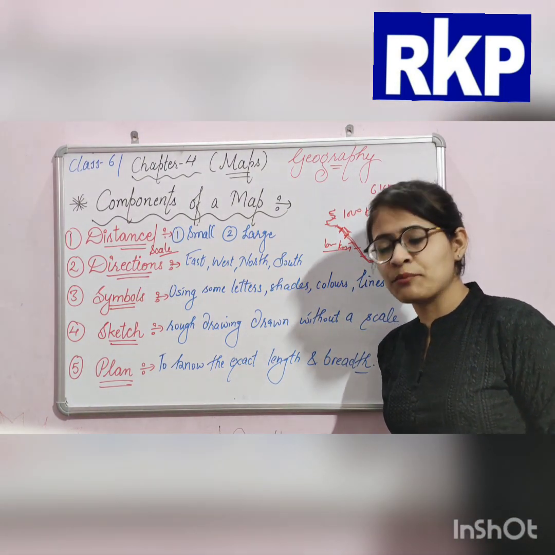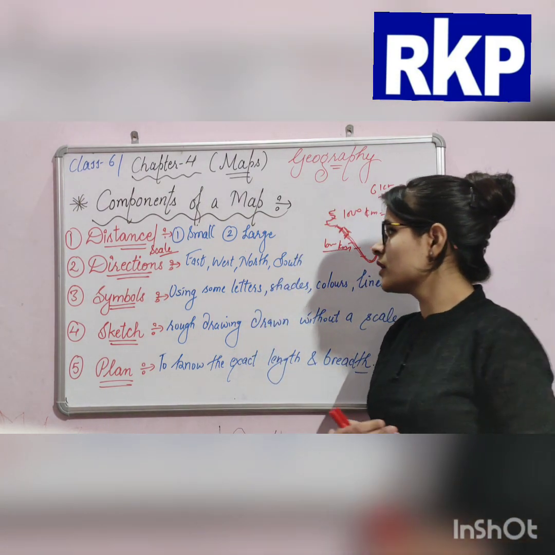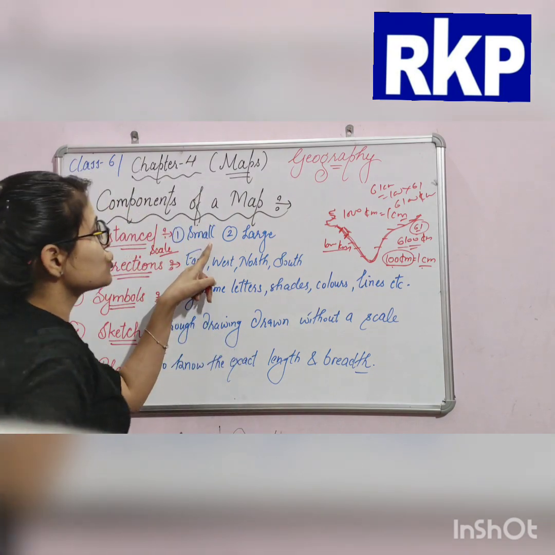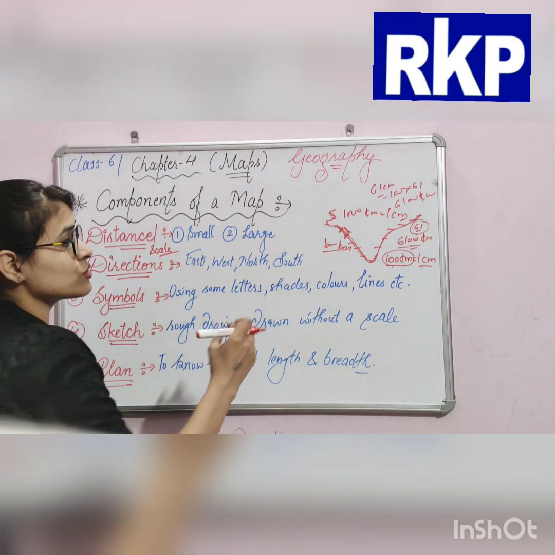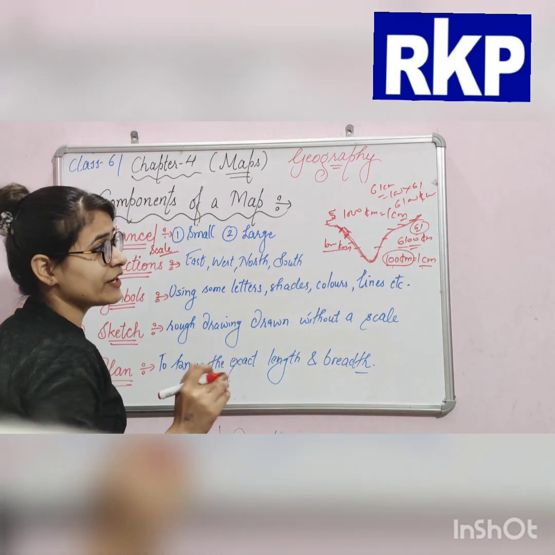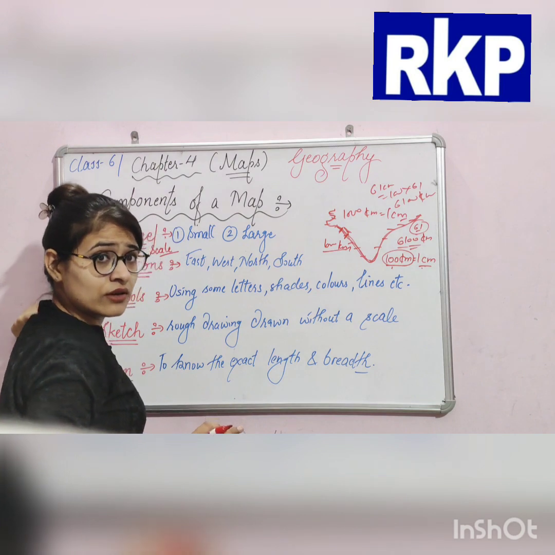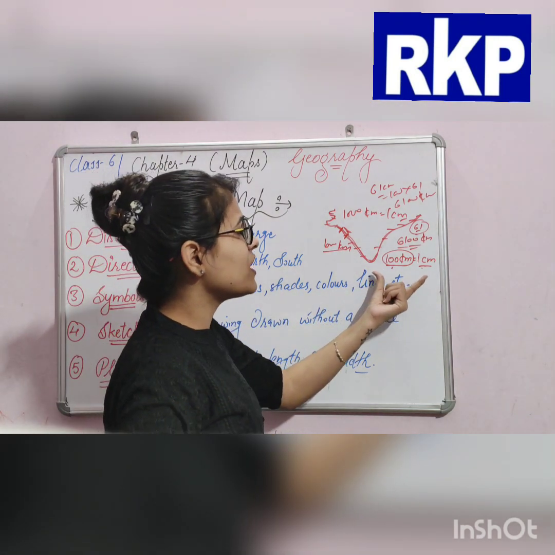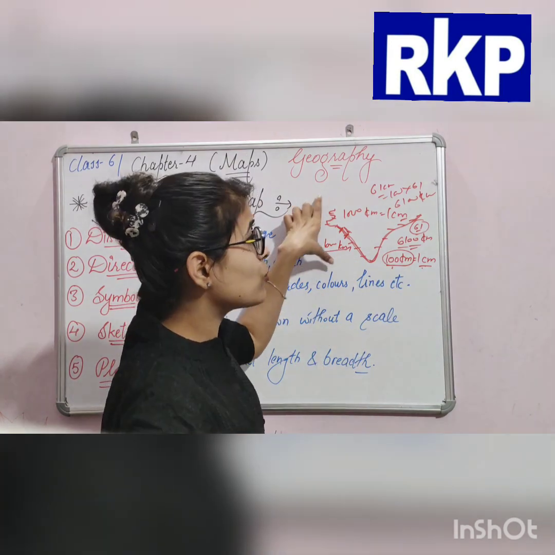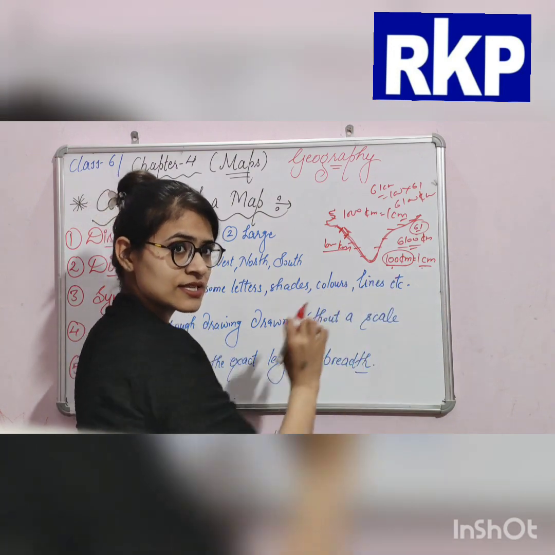Now, an example of a small scale map: suppose we are showing this whole area, taking 100 kilometers is equal to 1 centimeter. It means we are discussing a large area, so we are taking a small scale.